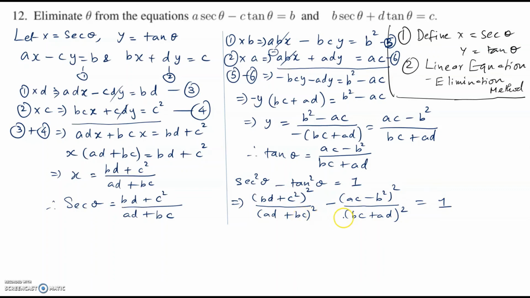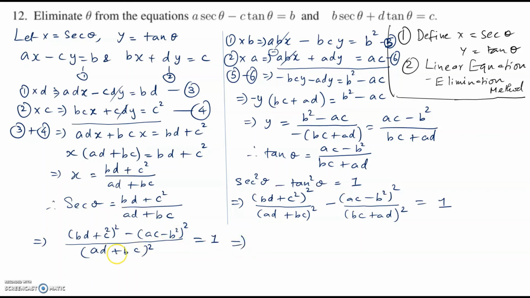Now you can see the denominators are the same, therefore we can write this as ad plus bc the whole squared, and in the numerator we have bd plus c squared the whole squared minus ac minus b squared the whole squared is equal to 1.